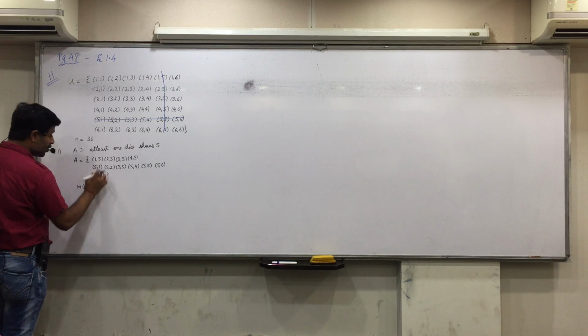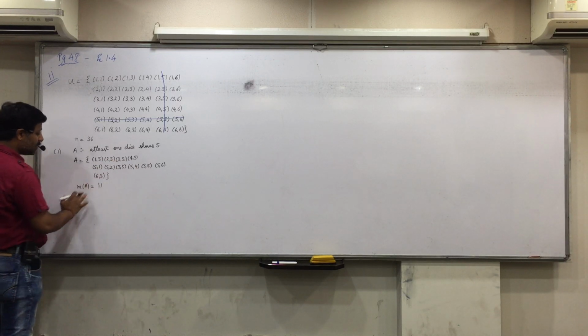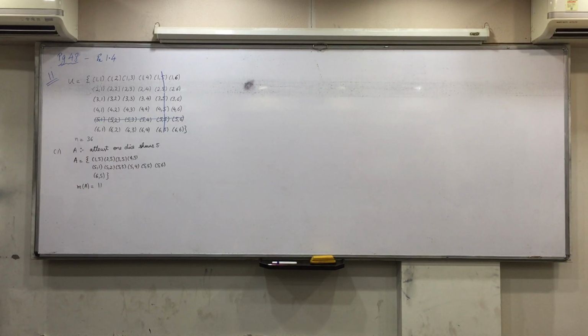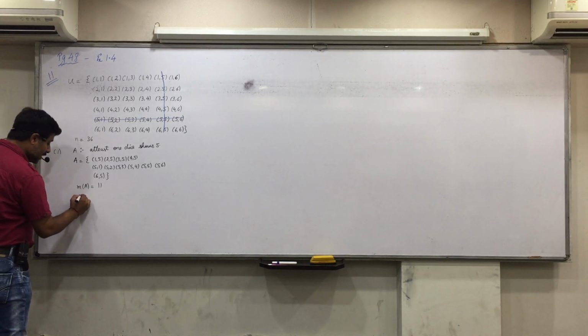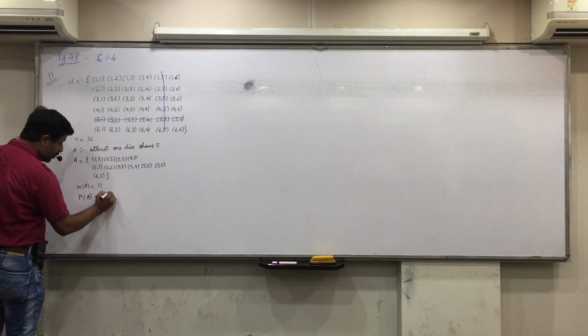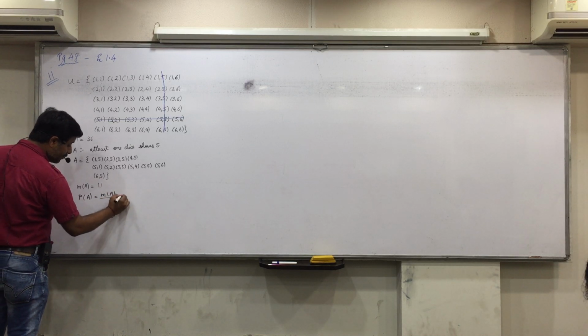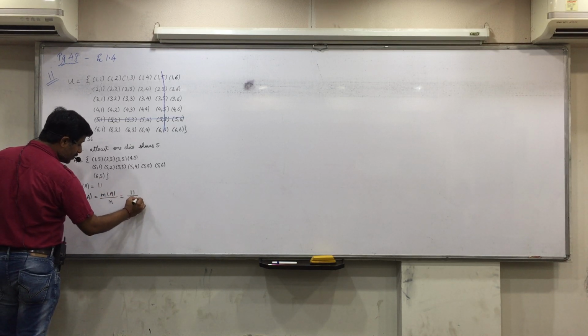Counted the 11 outcomes: 1 2 3 4, 4 plus 6 is 10, plus 1 is 11. Do you all understand it? So what is the probability that at least one dice shows 5? M(A) upon N, 11 by 36.